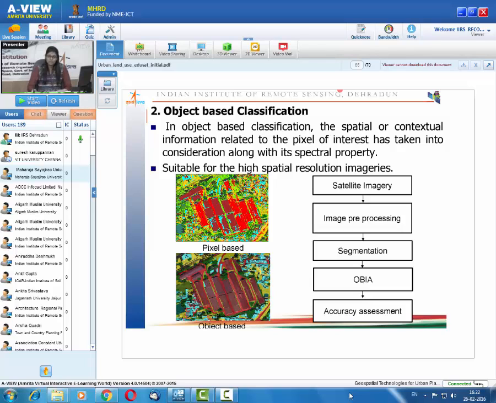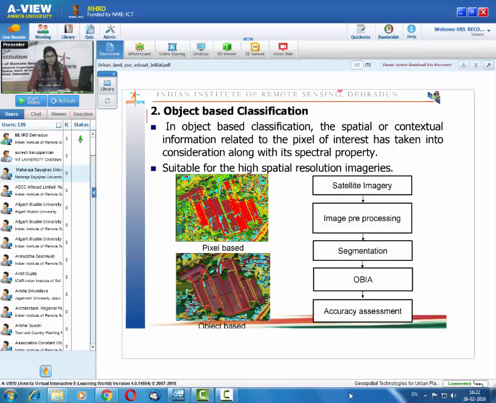Second problem, when I said that a panchromatic image and a multispectral image can be merged together, for a supervised classification or pixel-based classification, you cannot perform classification on such kind of imagery because the pixel values or the spectral values change.